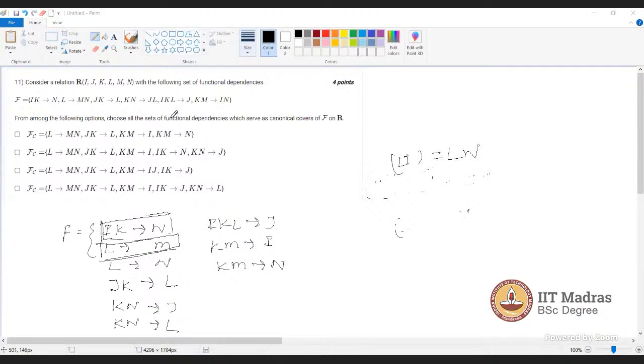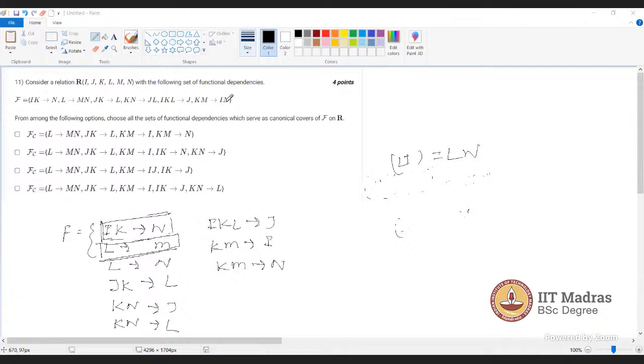Sir, but would that not be equivalent, not canonical cover? By that approach, we can say FC and F are equivalent, but can we also say FC is a canonical cover of F? No, we cannot say that, but for solving such questions we can take that approach, because anyway F is equivalent to FC.